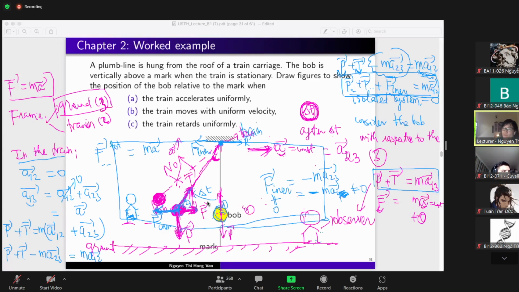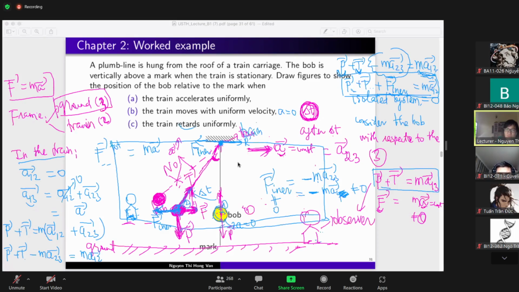So it moves to the left because the force here goes to the left, it is minus A. And similarly, in the case of the train with uniform velocity, the acceleration is 0, so it doesn't move because you don't have the inertial force.